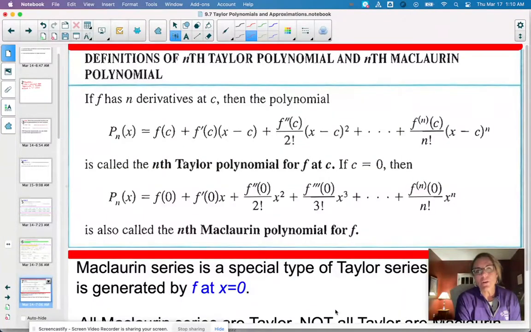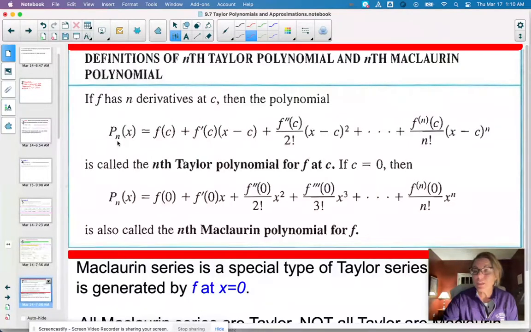If f, the function, has n derivatives at c, then the polynomial, and c in this case is the b value we used in Desmos, then the polynomial we create is going to look like this. N is the degree of the polynomial. And so based on that, that's going to tell us how many derivatives we have to take.